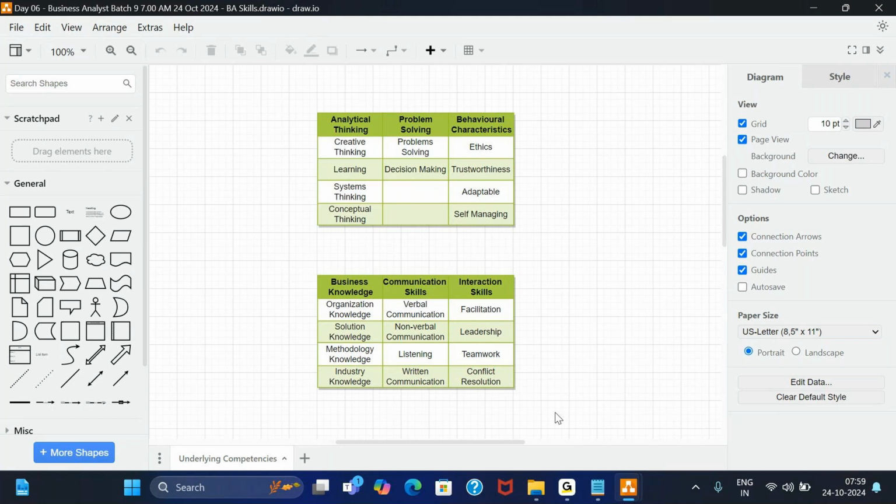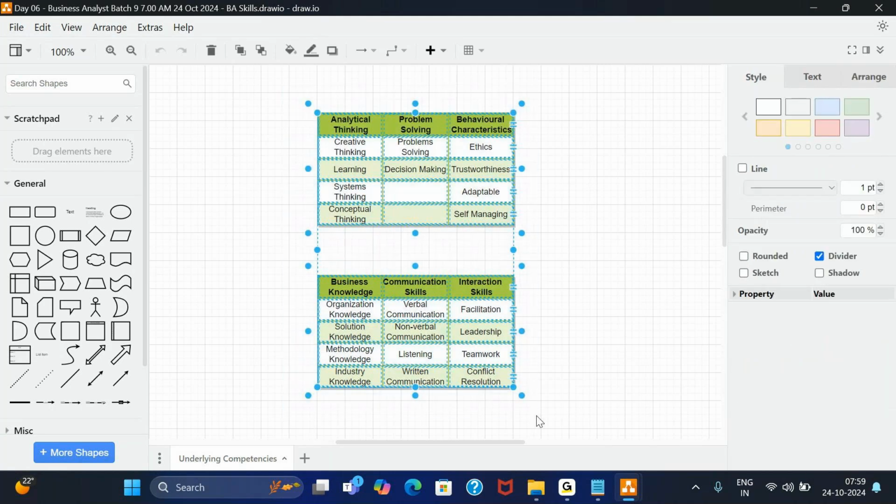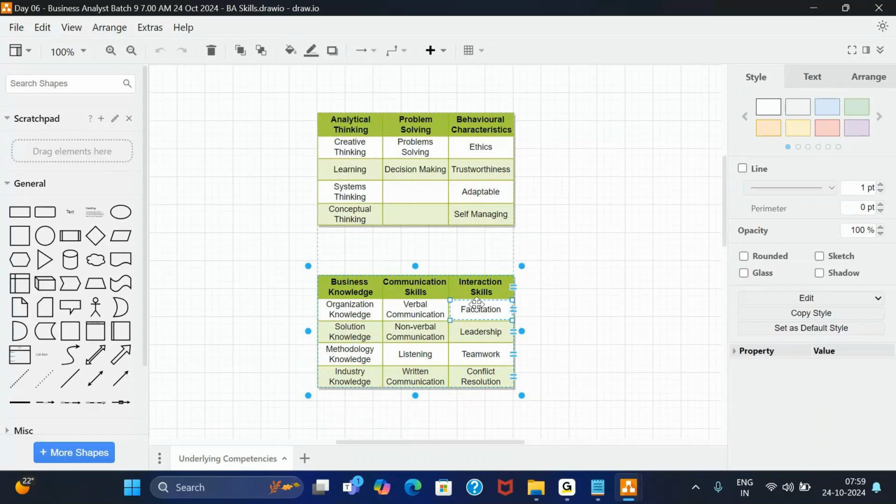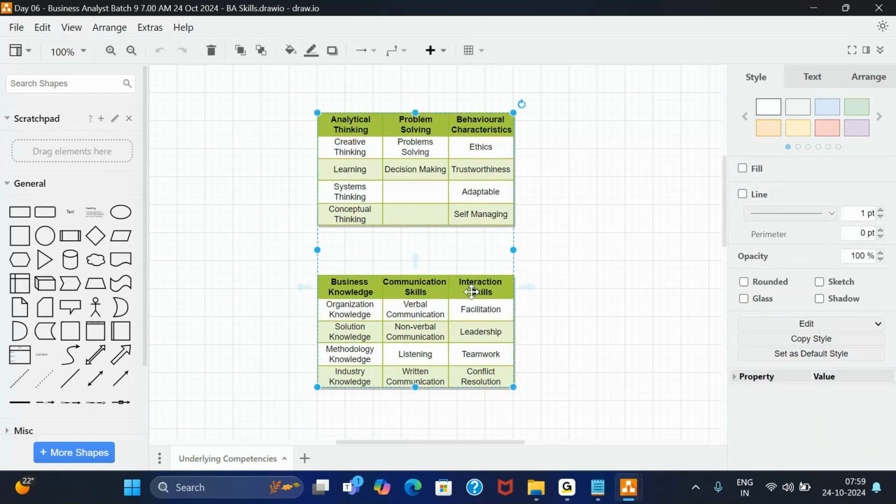So tomorrow let's spend some time on these topics as well, so that we utilize our skills to the maximum possible extent. These are again from my experience: communication is important, but how do you communicate? Facilitation or interaction skills are important, but how do you interact?